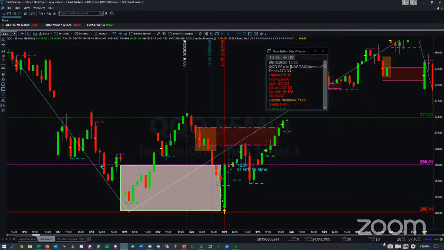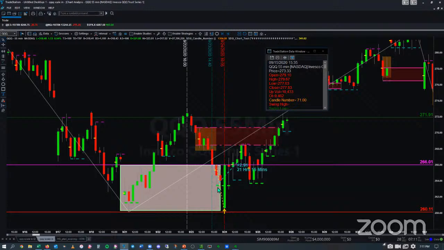So this was not a valid entry right here. We couldn't have a valid entry until price came in right here. So everybody clear on that piece? Okay, looks like we are good on that.